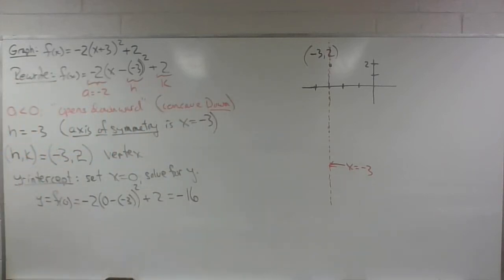So we have a vertex, we have an axis of symmetry, and we have a y-intercept, negative 16. Holy moly.